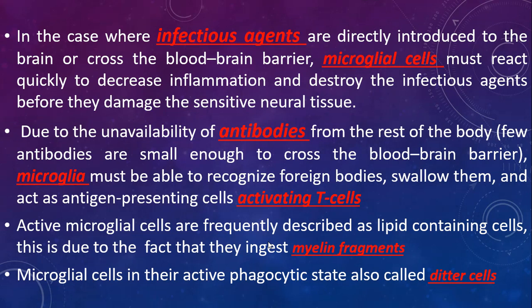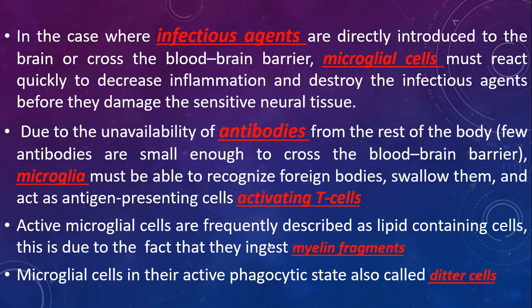In the case where infectious agents are directly introduced to the brain or cross the blood-brain barrier, and this is not usual because the blood-brain barrier is a highly effective and protective barrier, microglial cells must react quickly to decrease inflammation and destroy the infectious agent before they damage sensitive neuronal tissues.